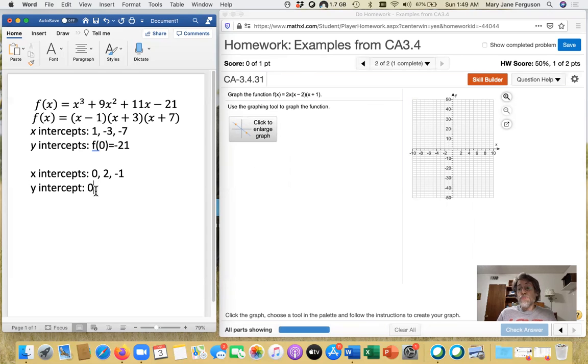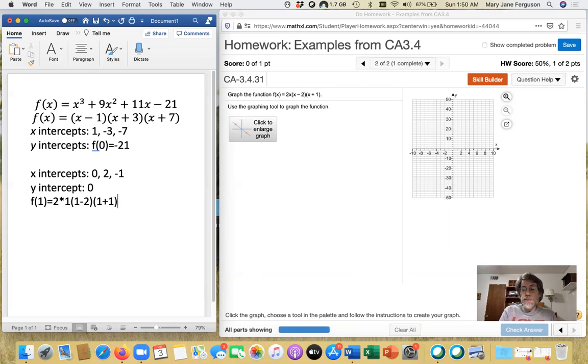Nothing wrong with that, but the problem is, because that's actually just 1 point, we only have 3 points. When that happens with this tool, you have to calculate one more point using an x value that you haven't used so far. So pick one that's not too hard to do. I'm going to pick 1. f of 1 would be equal to 2 times 1 times the quantity 1 minus 2 times the quantity 1 plus 1.